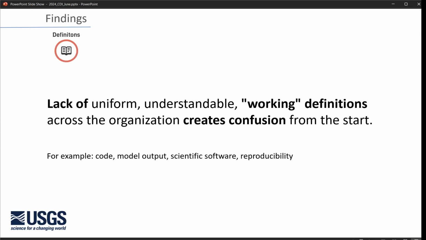And so without a standardized definition of code, it's really unclear from the scientist's perspective or the software developer's perspective what review steps need to be taken to release that code as software. Or if code is included in a data release, how does that apply in a review context, right?